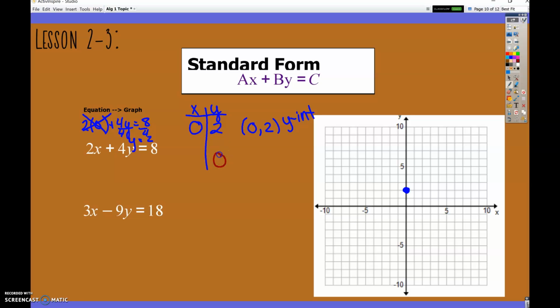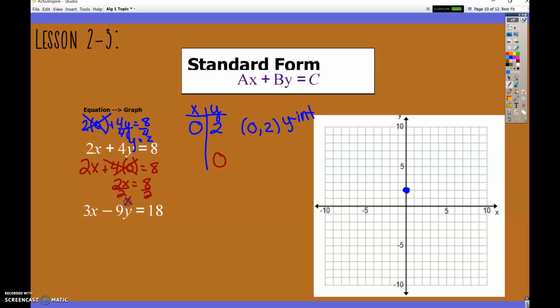Now, if we'd like to, we can do the same for the y value. We make it become 0, and our x value, we need to figure it out. So I'll write it below the equation. 2x plus 4 times the y value of 0 equals 8. The 4 times 0 goes away, and we're left with 2x equals 8. 2 times what number makes 8?